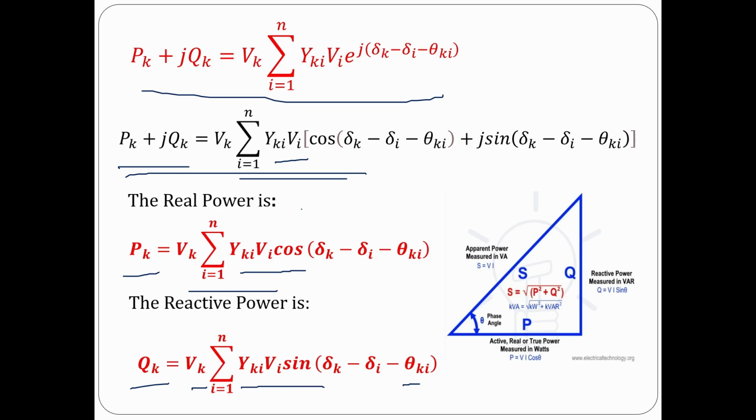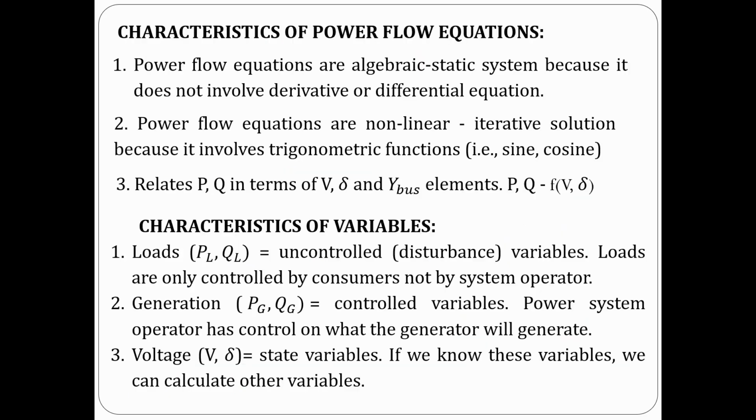Number 1, the power flow equations are an algebraic static system because they do not involve derivatives or differential equations. It means that the Gauss-Seidel mathematical solution does not need calculus. Number 2, power flow equations are nonlinear, requiring an iterative solution because they involve trigonometric functions, i.e. sine or cosine.